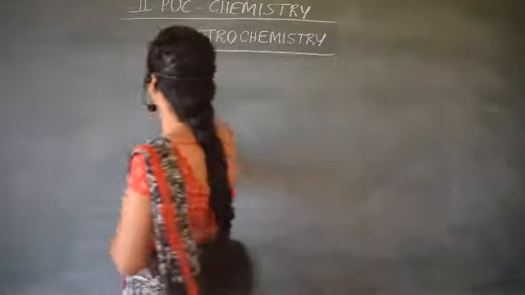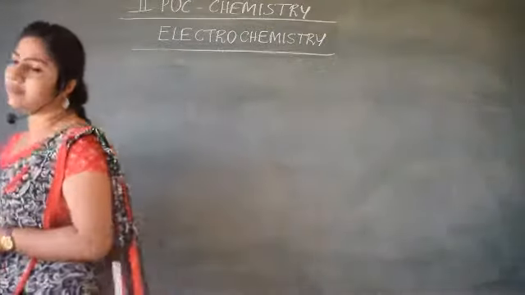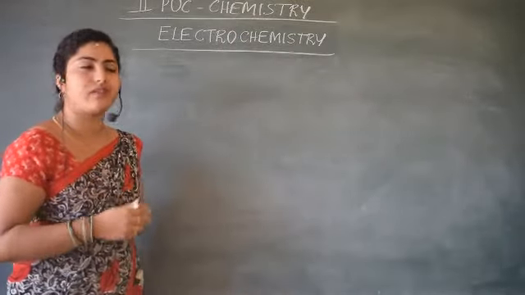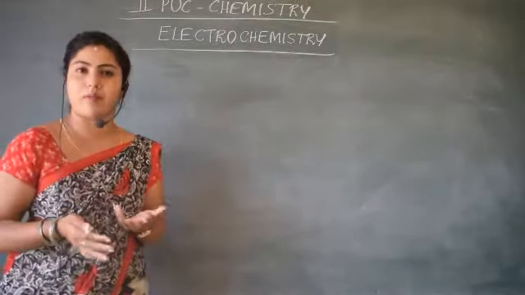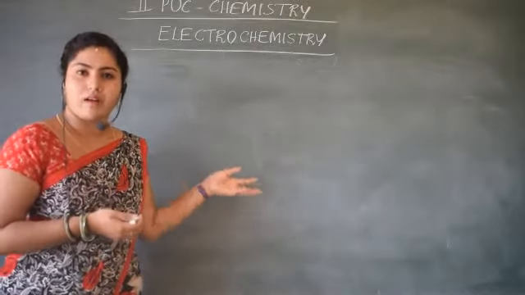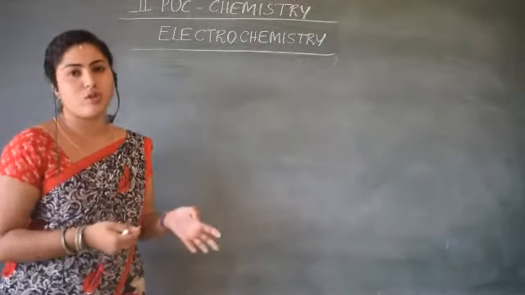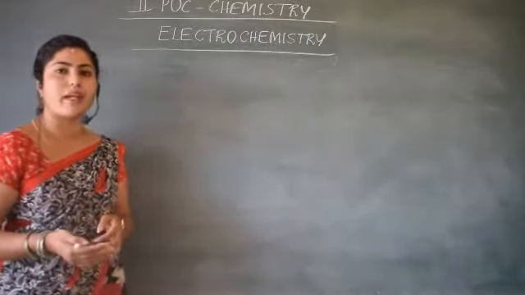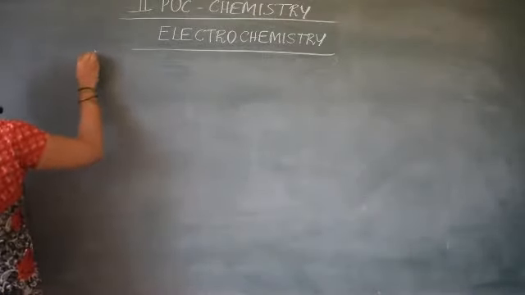We have solved a problem related to Nernst equation. So in upcoming videos, we will be solving many more numerical problems. But now let us move on to one more important topic in electrochemistry, that is equilibrium constant from Nernst equation.